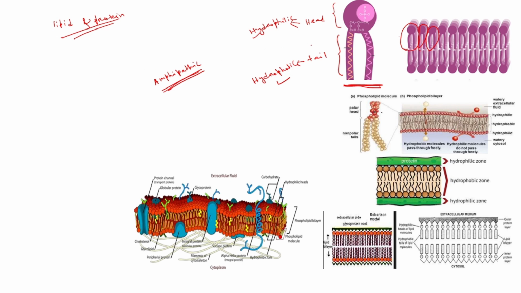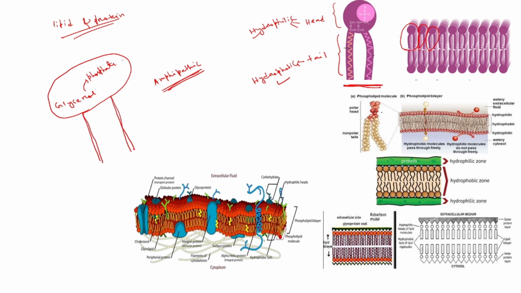So now in the lipid, the head part contains glycerol along with phosphate. So this is the head part. And in the tail part, this is the one tail, this is the other tail.